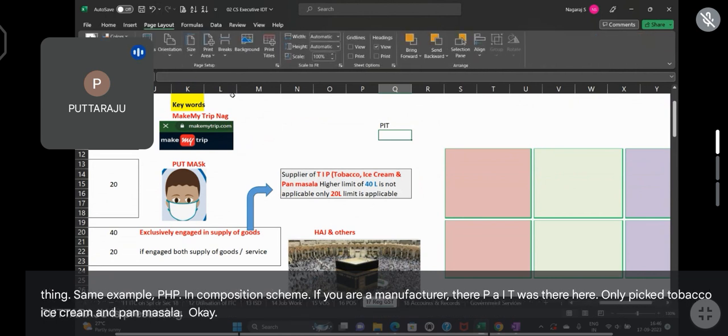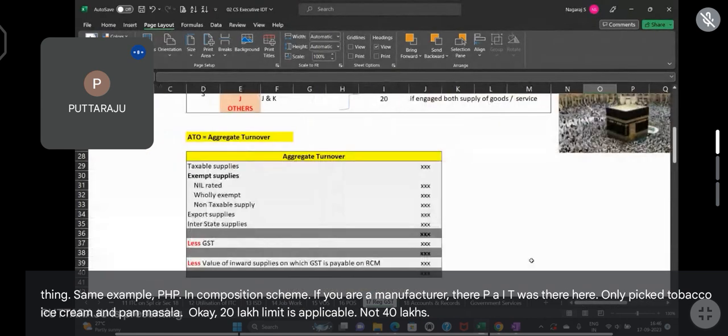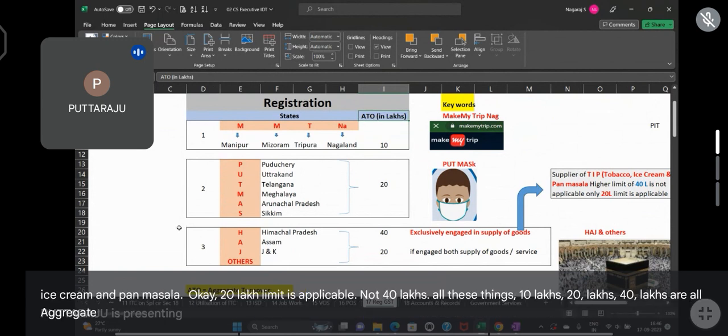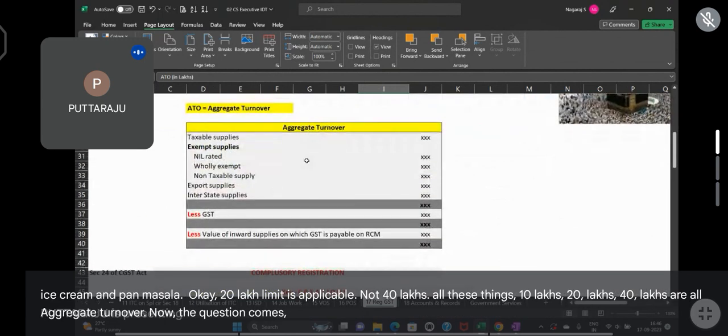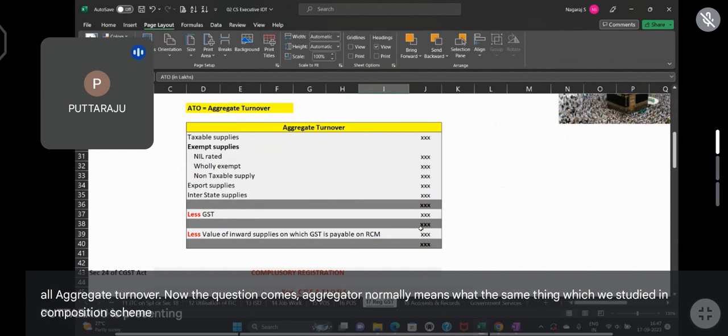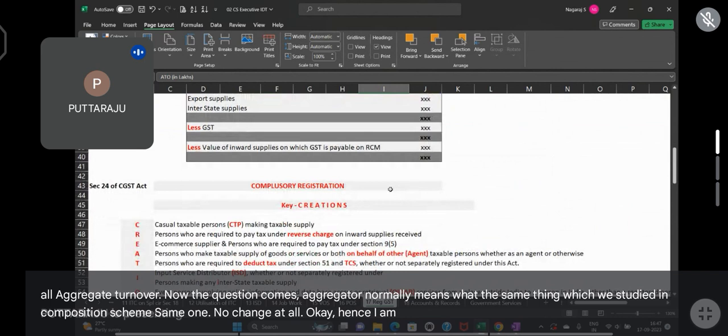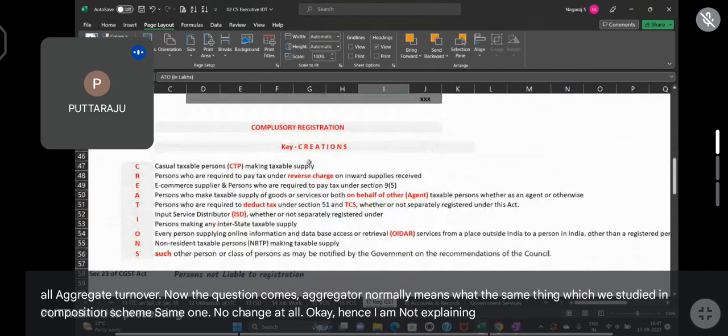Okay, the 20 lakh limit is applicable, not 40 lakhs. All these things, 10 lakhs, 20 lakhs, 40 lakhs, are aggregate turnover. Now the question comes, aggregate turnover means what? The same thing which we studied in composition scheme, no change at all. Hence I am not explaining again.